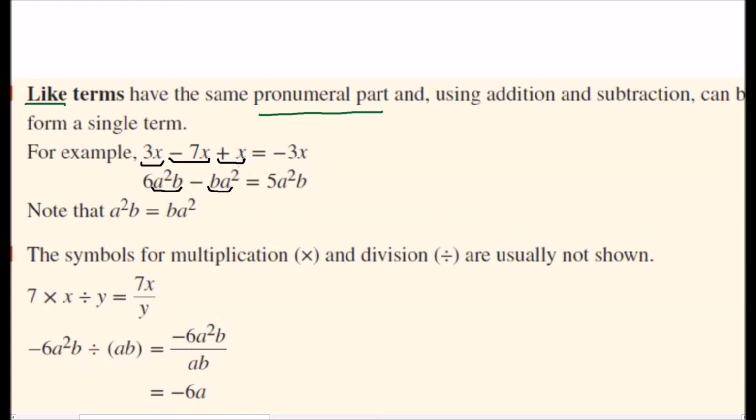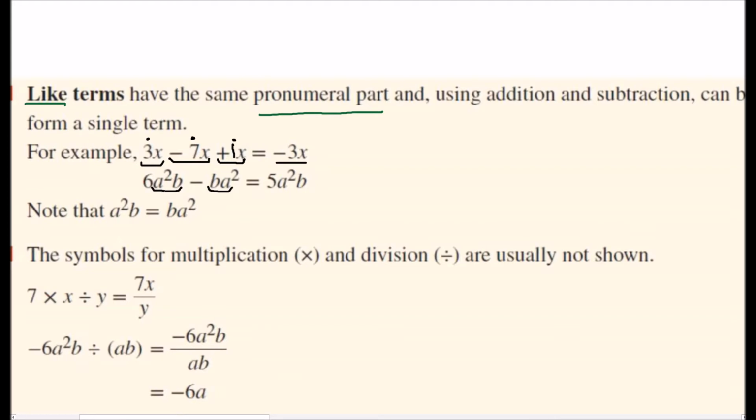When you put them together, what you have to look out for with like terms is what you are adding and what you are subtracting. Remember, in front of that lonely x is a magic 1. So in this case, 3x minus 7x plus x. 3 minus 7 is negative 4, plus 1 will equal negative 3.